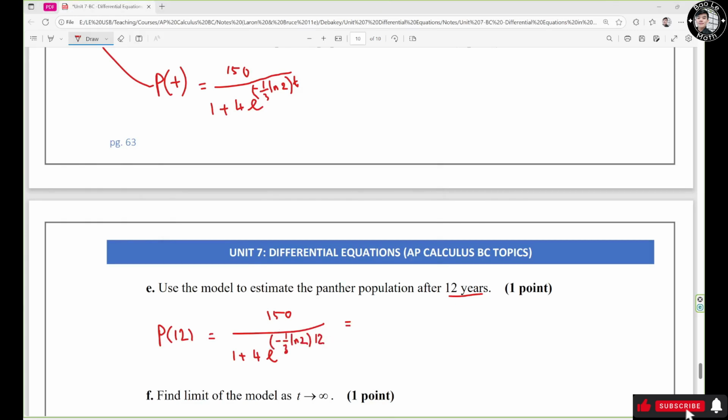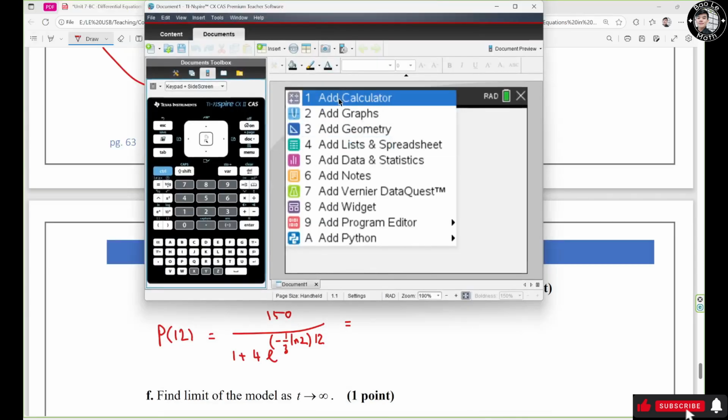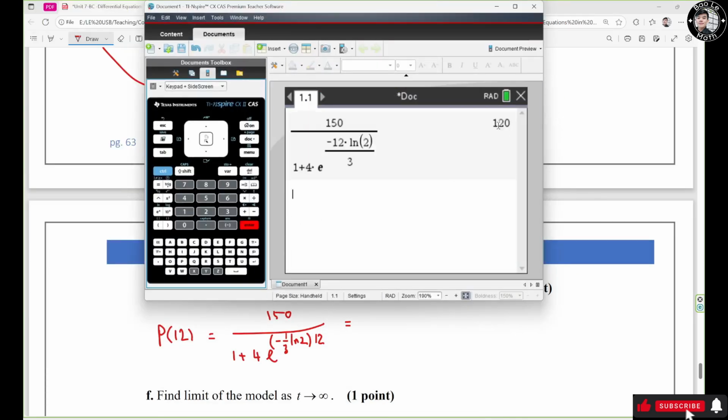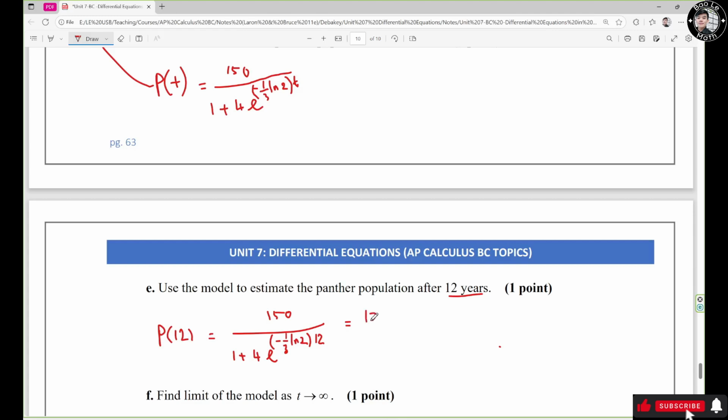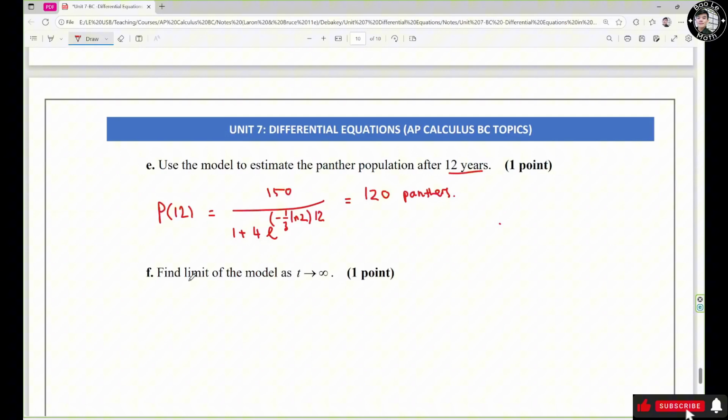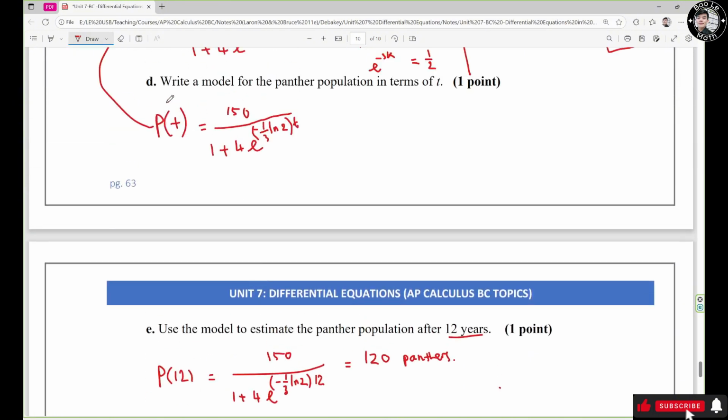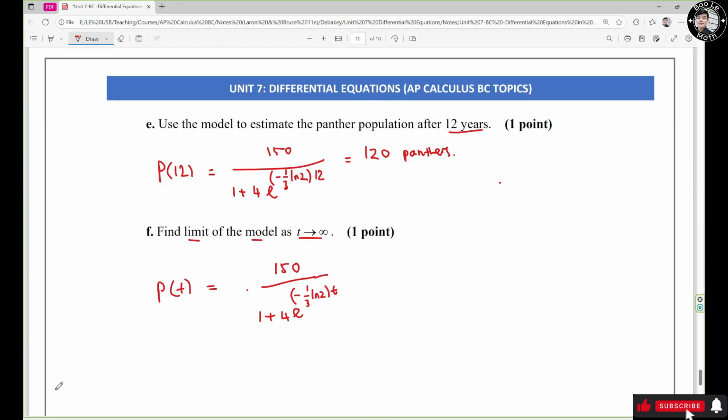Alright, now we're going to put this on the calculator. The answer is 120. Alright, let's move on to question F. Find the limit of the model as t approaches infinity. So we're going to copy this model over here. Now we're going to take the limit of both sides as t approaches infinity.